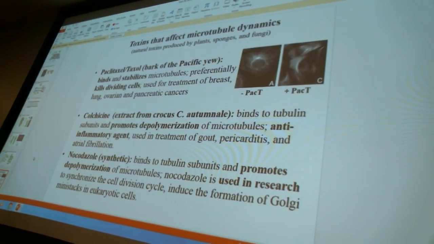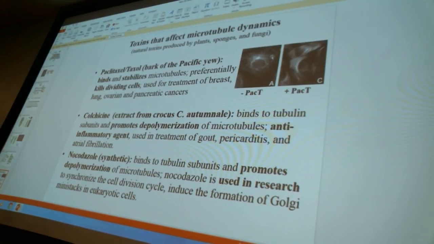Just like in the case with actin filaments, there are a number of toxins that can also affect microtubule dynamics. And a lot of these toxins are actually quite useful both in research and in cancer treatment, because microtubule dynamics is quite important during cell division.